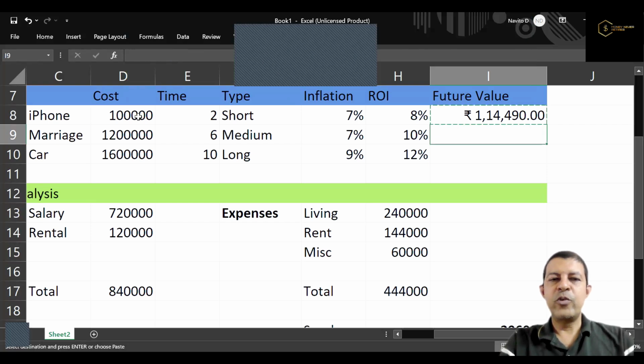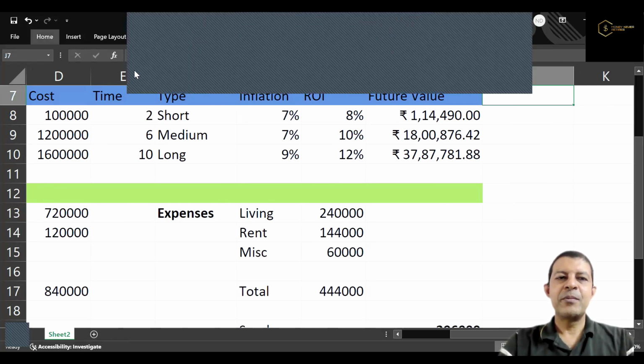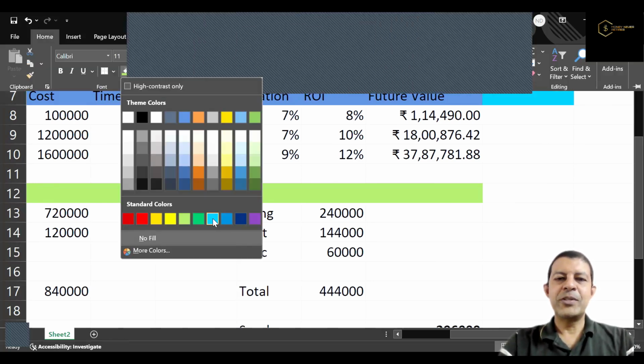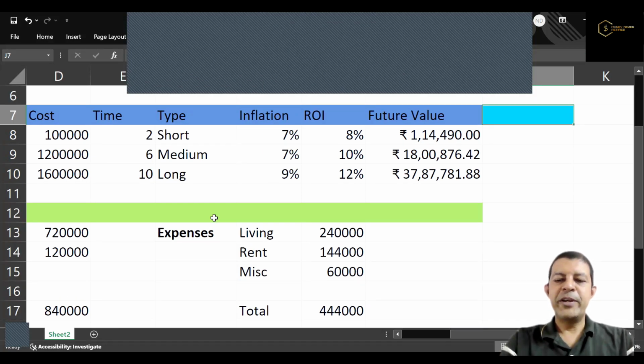Similarly, we do it for marriage and for the car. Now, let us give it a slightly separate cell color. We now need to determine the yearly annual investment required.